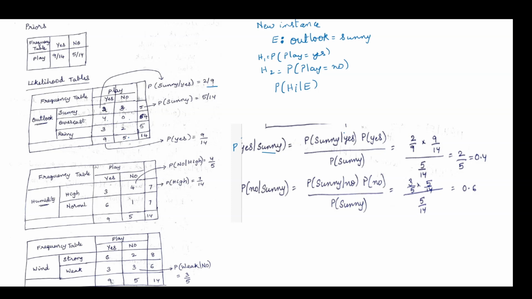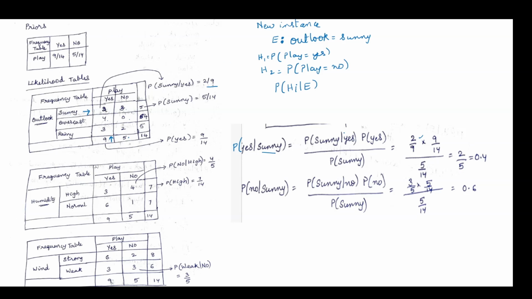P of yes given Sunny is P of Sunny given yes multiplied by P of yes divided by P of Sunny. So let us calculate the value of probability of Sunny given yes. Wherever the arrows meet is where you get the numerator, that is 2 out of 9 records.